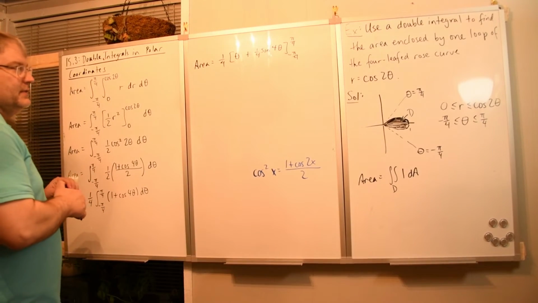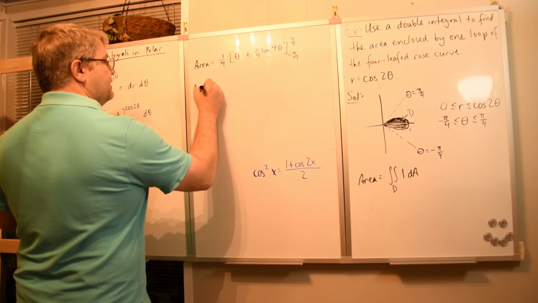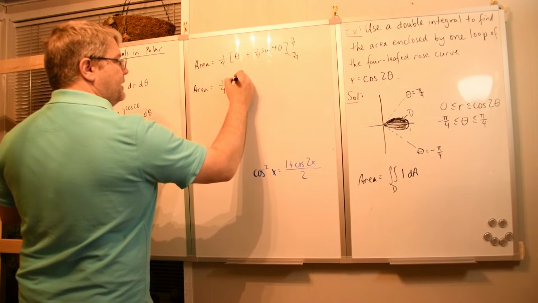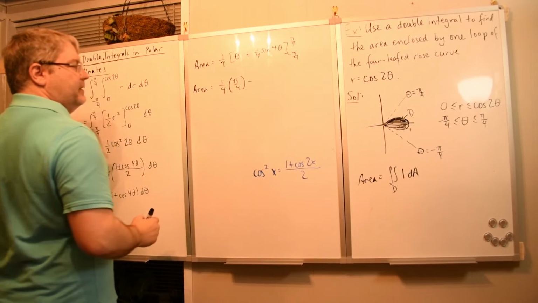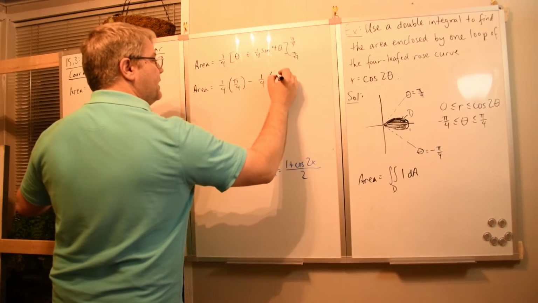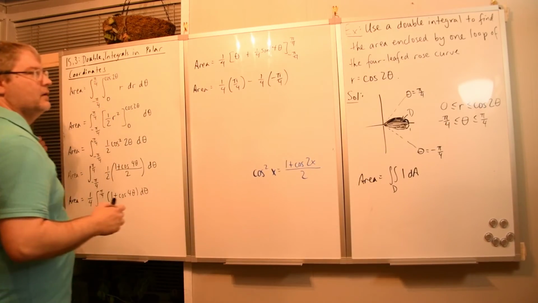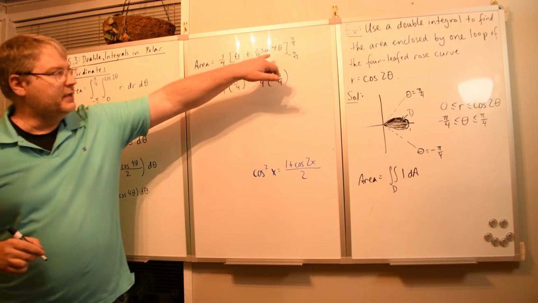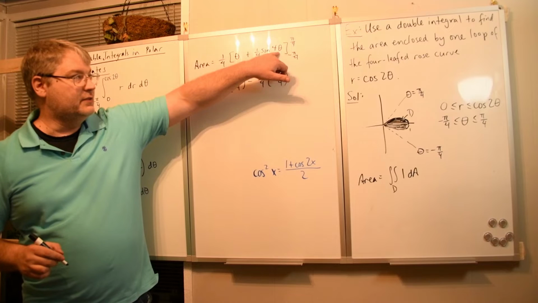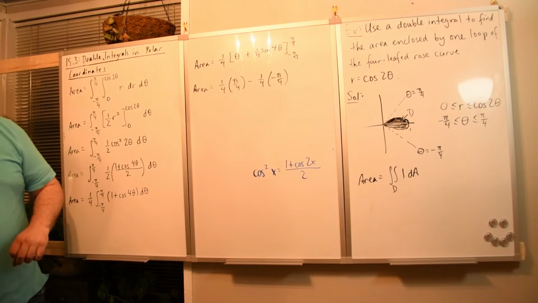So what's going to happen is this. We're going to get the area is equal to 1/4 times, well, we plug in the pi over 4 for theta, and then we subtract what we get when we plug in the negative pi over 4 for theta. Because once again, plugging in pi over 4 or negative pi over 4 for theta in the sine term is going to give us either sine pi or sine negative pi, both of which are equal to 0.